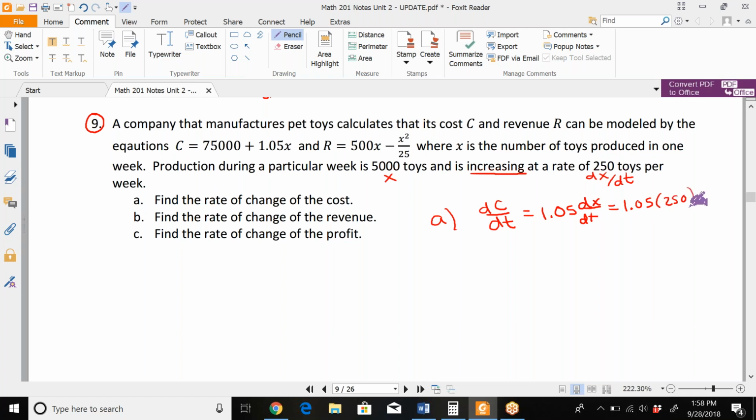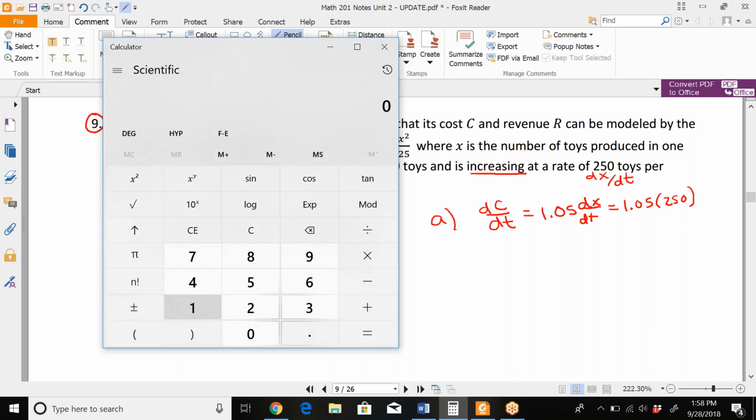So we're just doing 1.05 times 250, which is $262.50 per week.